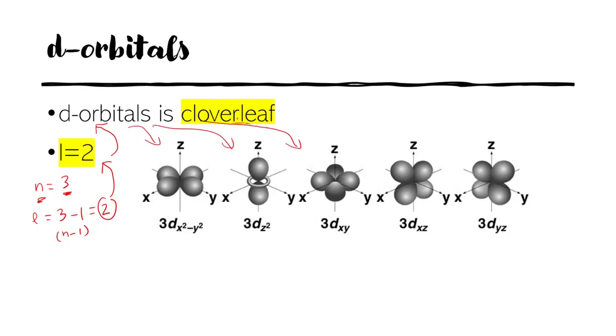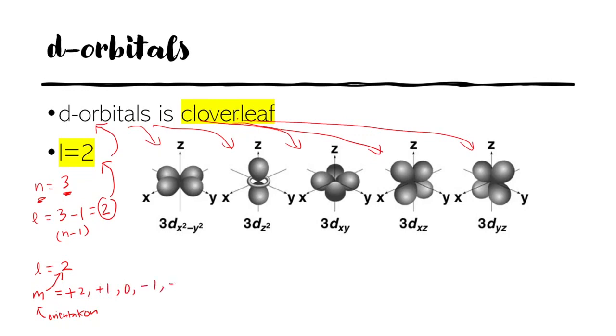Why are there 5 orientations for d orbital? Remember, when L equals 2, your m is orientation. You need to refer back to the previous video about this explanation. So m refers to the number of L. So for L equals 2, m is positive 2, positive 1, 0, negative 1, negative 2.